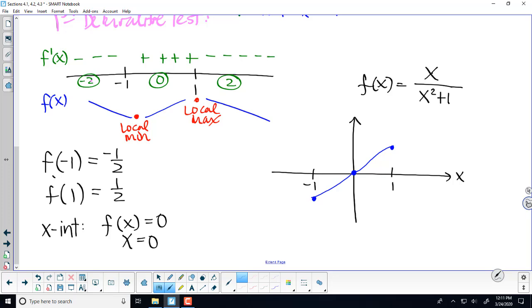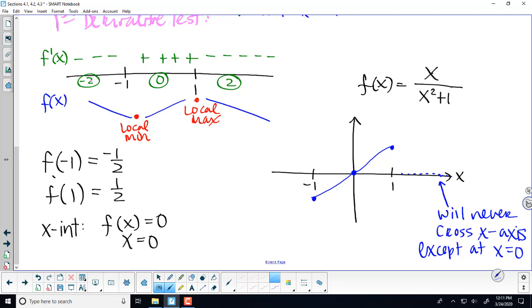Whatever makes the numerator equal to 0 results in my x-intercept. And that's my only x-intercept. So basically, as I go farther out here to the right, my function is never going to cross the x-axis. Okay, so that means even out here, it's never going to cross over.